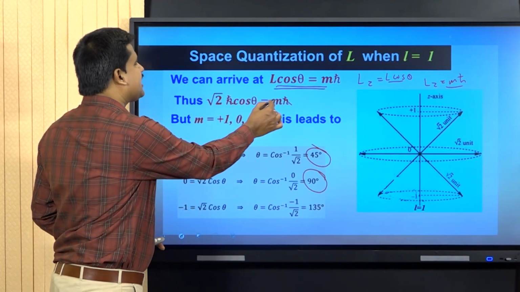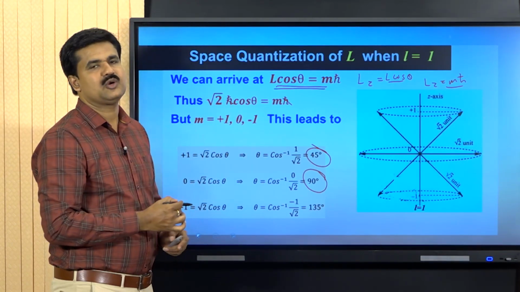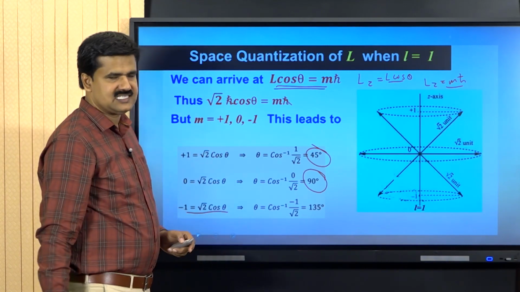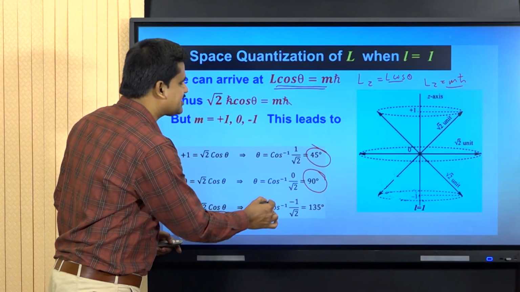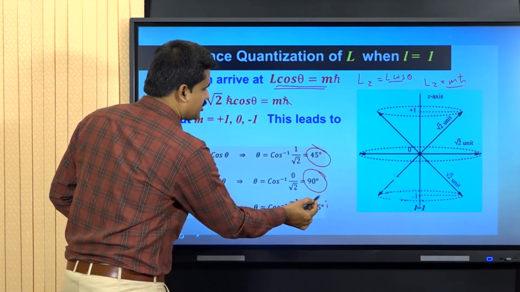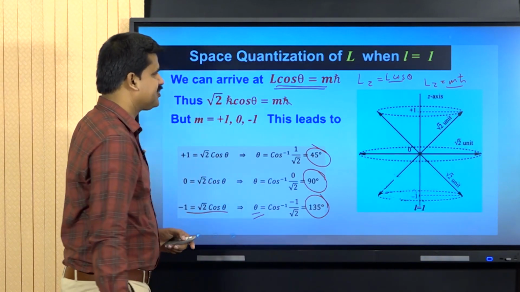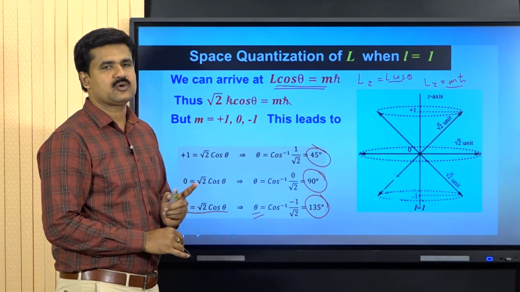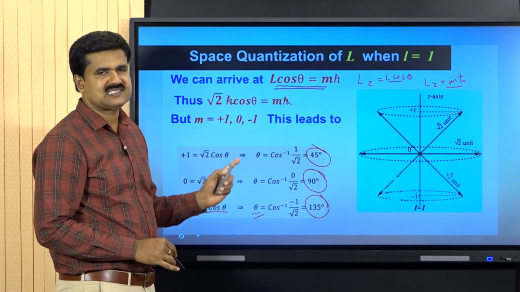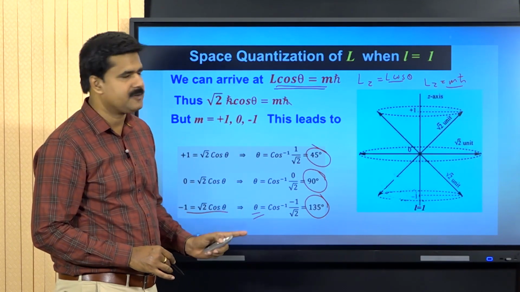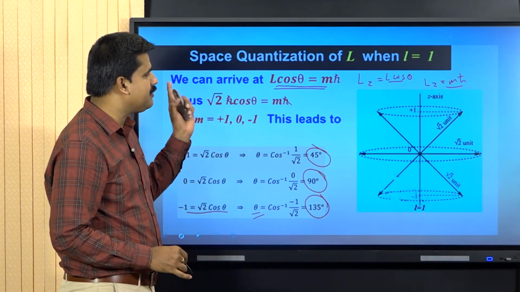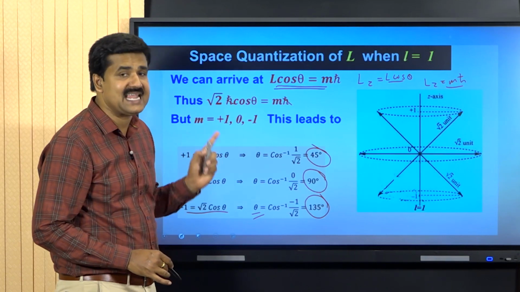Finally, m can have one more value, that is minus 1. So minus 1 is equal to root 2 cos theta. That implies theta is equal to cos inverse minus 1 by root 2 and that is equal to 135 degree. So, when l is equal to 1, m can have three values, plus 1, 0 and minus 1. This leads to the arrangement of angular momentum in three possible angles.